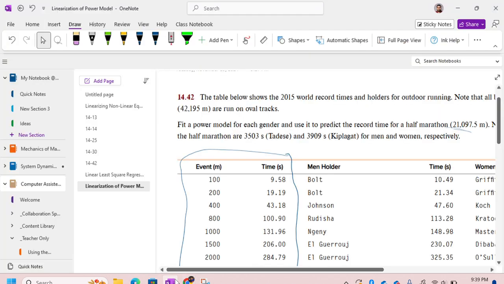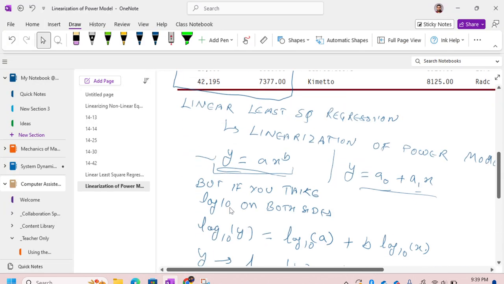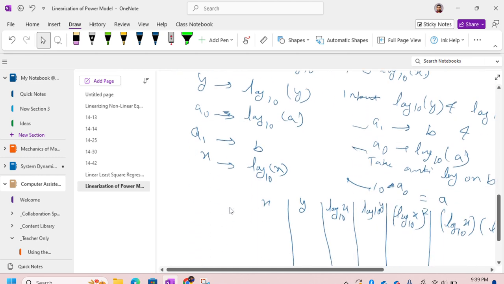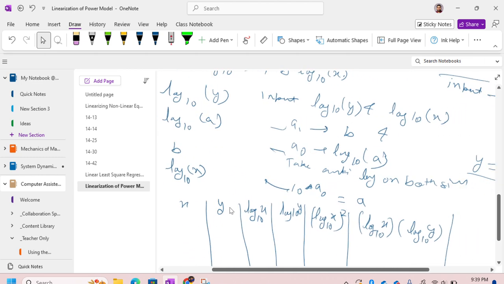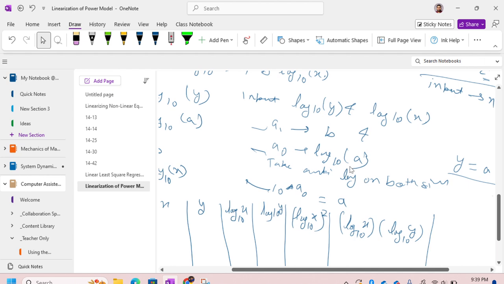If you look at your intercept, to be able to make a model out of it, you have to convert it back to a by taking anti-log, which is going to be 10 to the power a.